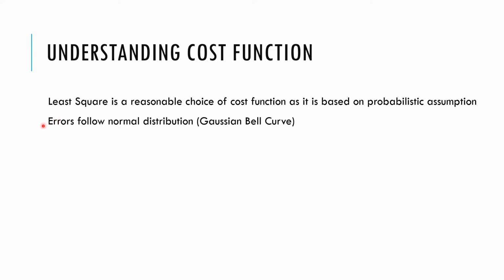One of the most important assumptions in linear regression is that all the errors must follow a normal distribution, that is the Gaussian bell curve that we saw in the previous video. In case you have not checked that video, please go through it to understand what a normal distribution is. But I'll give you a brief. Normal distribution looks like this: the bell curve, Gaussian.